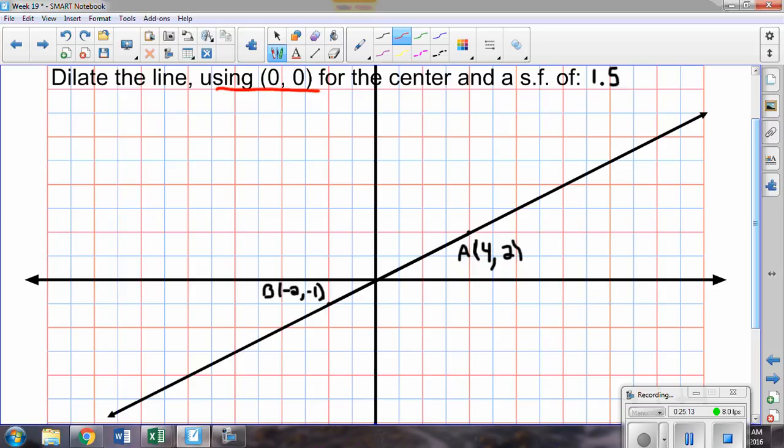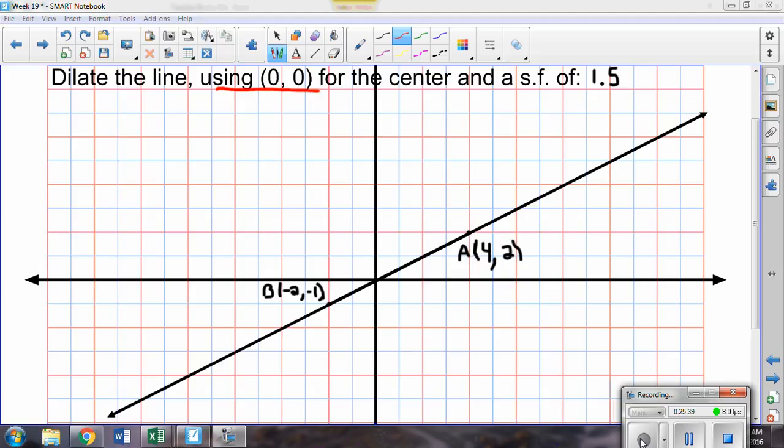That only works with the origin. Whenever the center of the dilation is 0, 0, also called the origin, we don't need to record the gaps. We can take advantage of the shortcut, just multiplying the numbers.